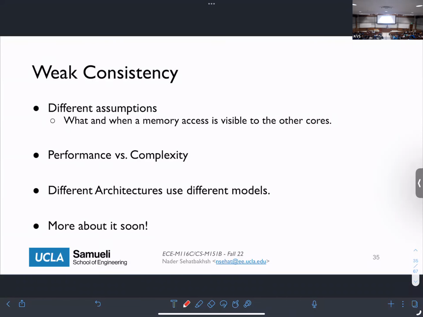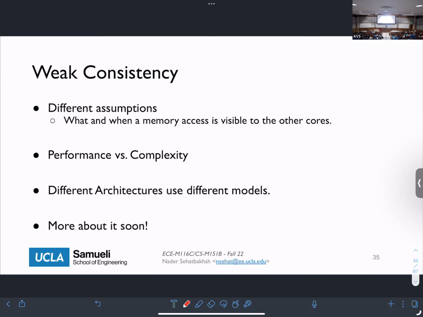There are also other consistency models, the weaker consistency models. Each one has different assumptions about what is visible and what is not visible. The difference between them is just getting performance, because obviously you want to be able, within each core, to do any reordering as much as you want, and that gives you the maximum performance.